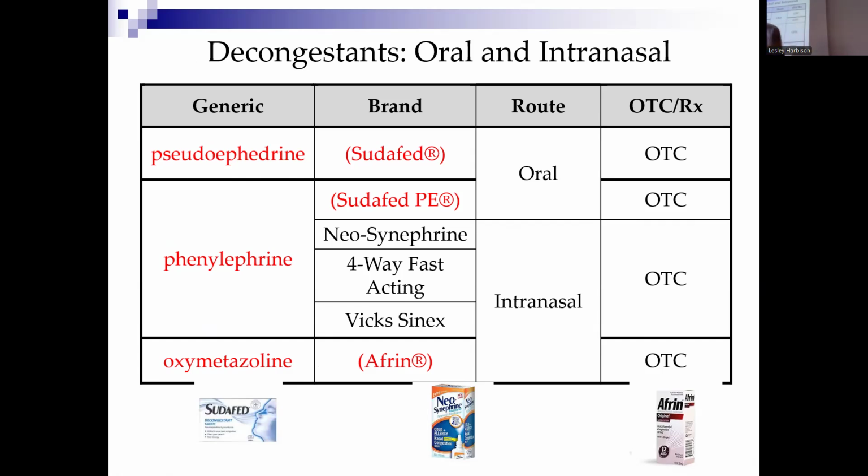And then another drug, Afrin, that's also an intranasal spray. So just some different drugs. These are all under the category of decongestant. So Afrin and Sudafed are probably the only ones, if they're going to be on the exam, that I would ask you.